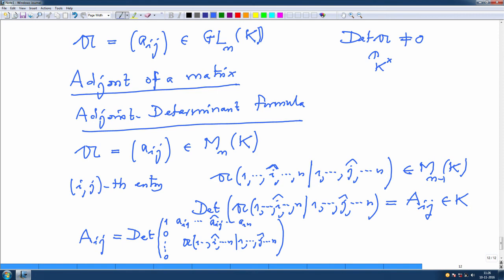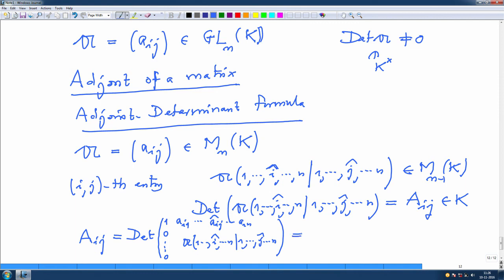And if I want to bring this first column to the middle as the jth column, and this entry 1 to the ith row, then what do I have to do? I have to interchange rows and columns, and if you notice, I have to make I minus 1 interchanges of rows and j minus 1 interchanges of the columns.